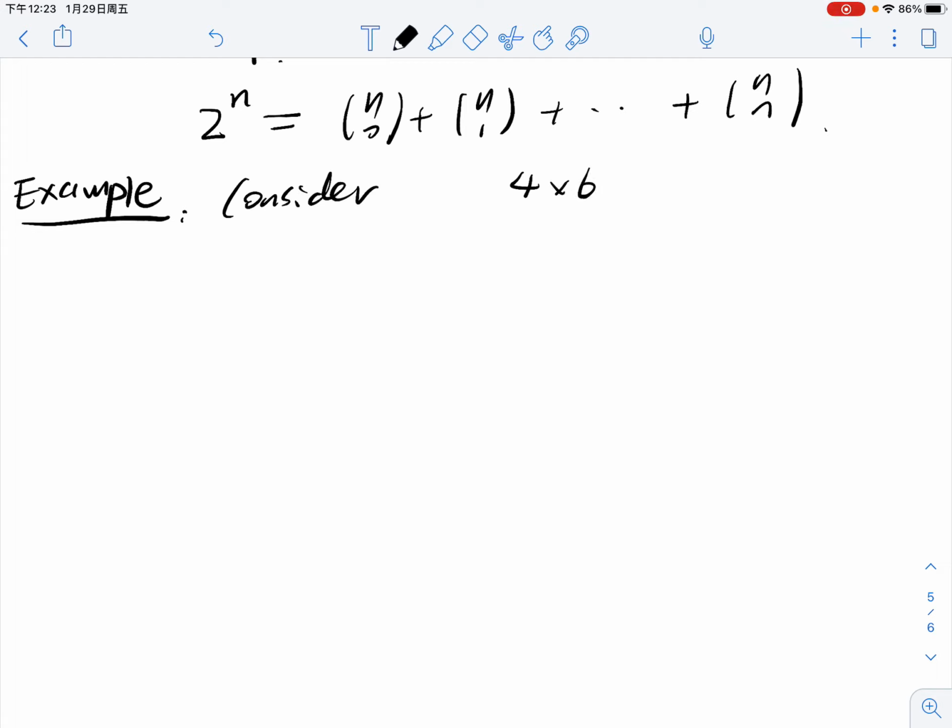How many ways does one have to go in 10 steps, each north or east, from A to B?